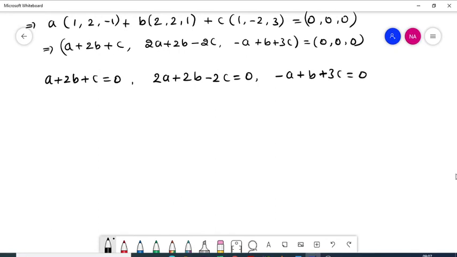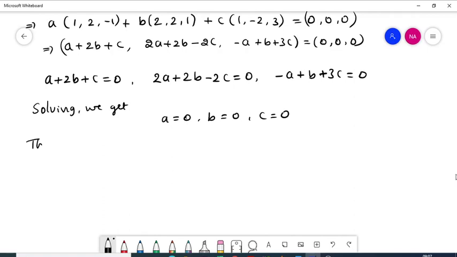You can solve these three equations. You can check that. Finally, solving, we get a equal to 0, b equal to 0, and c equal to 0.